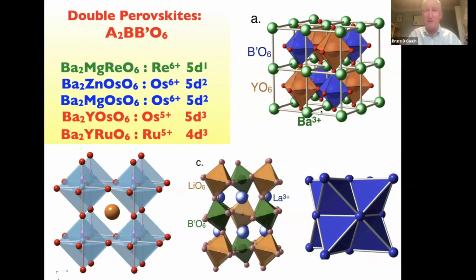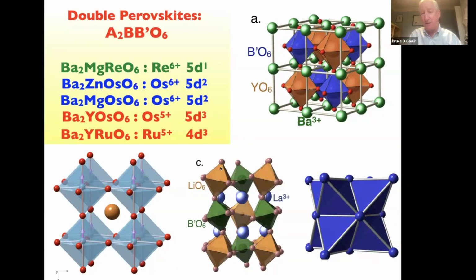What I like about this particular structure is that it's very flexible, that there are many different 4D and 5D ions that you can put into the octahedra. The cartoon at the upper right is for a cubic double perovskite.